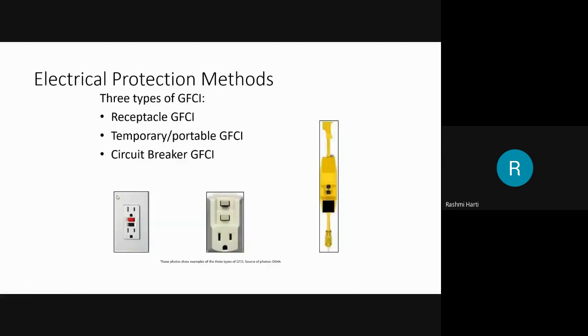Now, apart from that, there are three types of GFCIs, that is receptacle GFCI, and then you have the other one, that is the temporary or portable GFCI, as well as circuit breaker GFCI. A note is to be taken into consideration here.